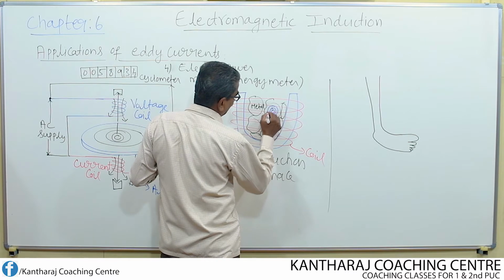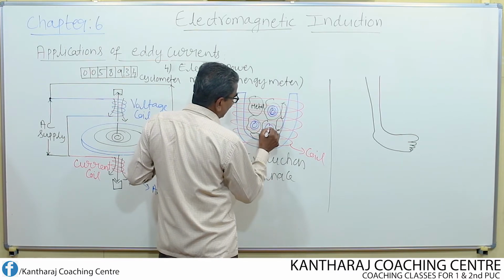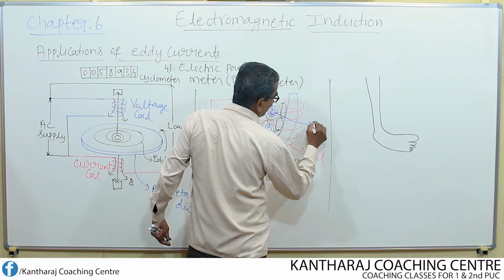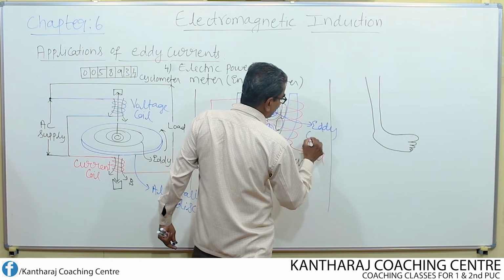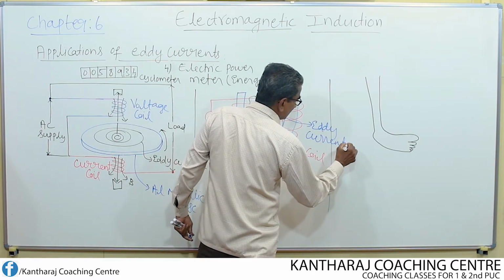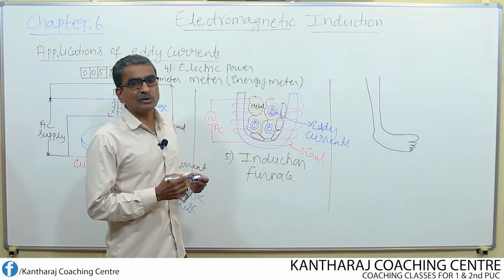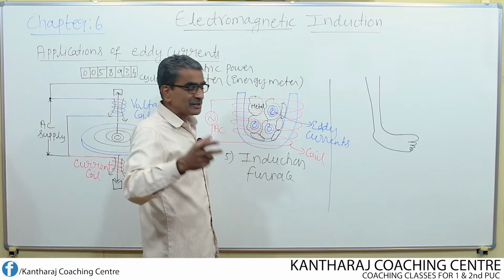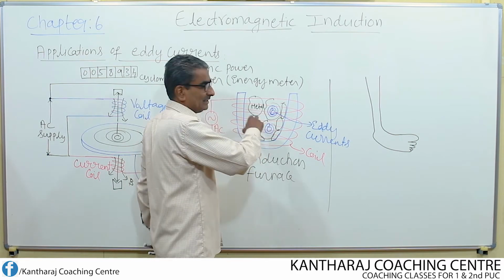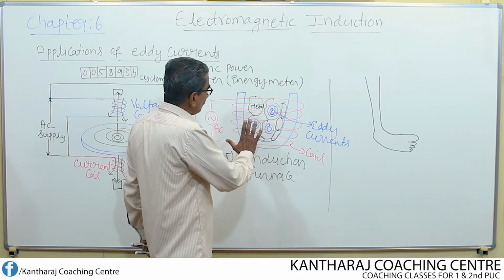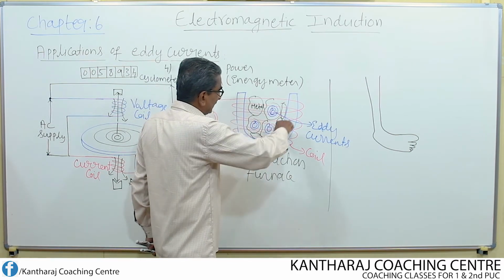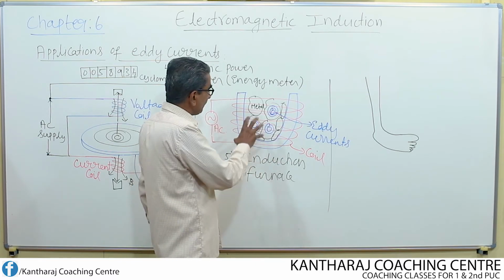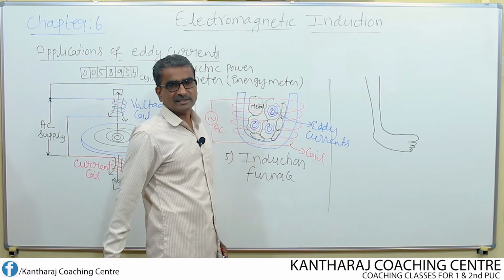These are the eddy currents, and these eddy currents produce a large amount of heat. The heat produced by the eddy current is sufficient to melt the metals. So, this is how metals are melted in the induction furnace by making use of eddy current.